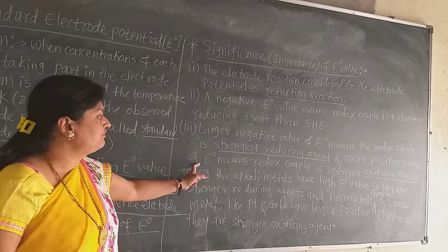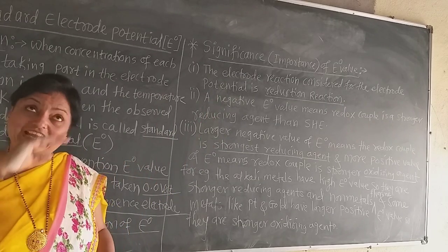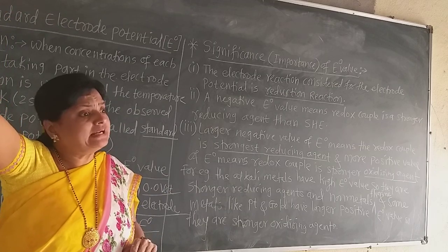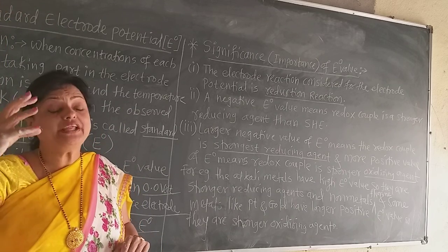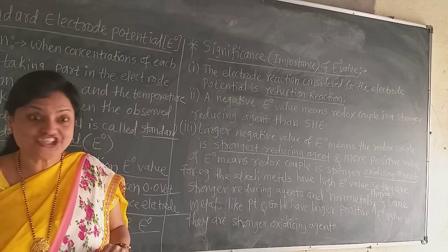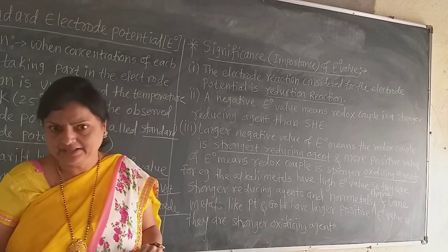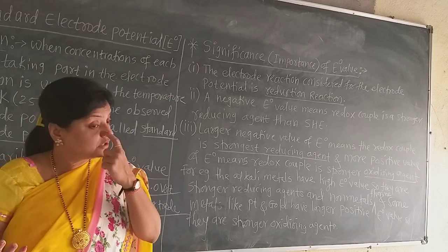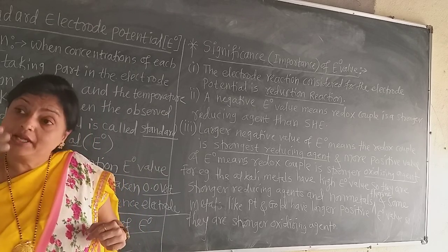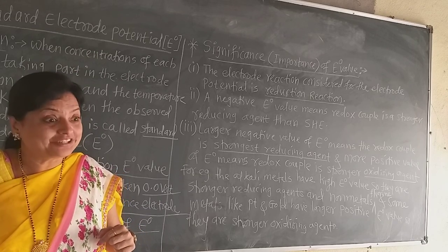And a more positive E0 value means the redox couple is a stronger oxidizing agent. That means above the hydrogen. They may be non-metals or metals also. Non-metals means fluorine, iodine, etc. But metals such as platinum and gold, which are inert metals, undergo reduction readily, but they oxidize the others, such as alkali metals and alkaline earth metals.